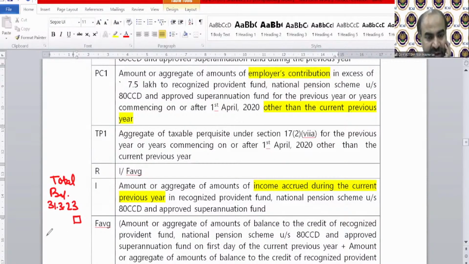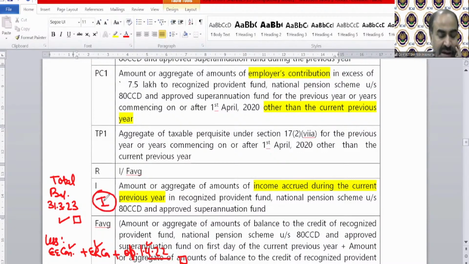Out of that balance, you need to deduct the current year employee contribution, the current year employer contribution, plus the opening balance on 1/4/22 of that provident fund. So out of the closing balance, if we deduct the employee contribution, employer contribution of the current year and the opening balance of this current year, that will be called I. So I will be the income of that provident fund.